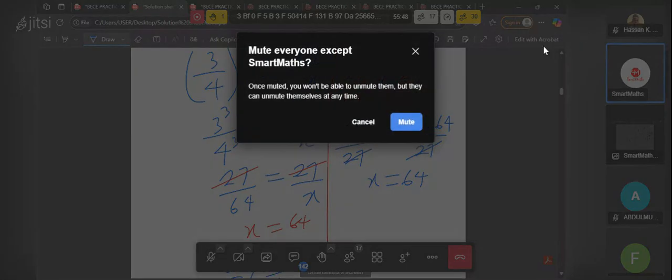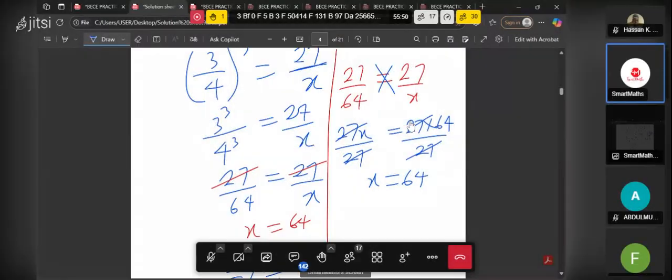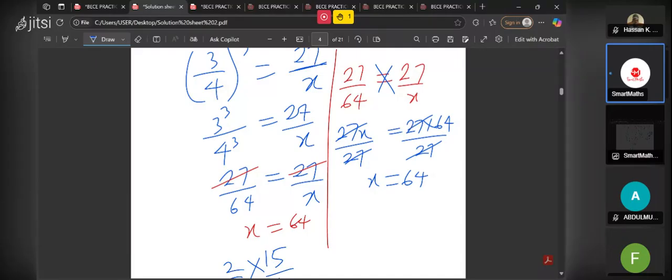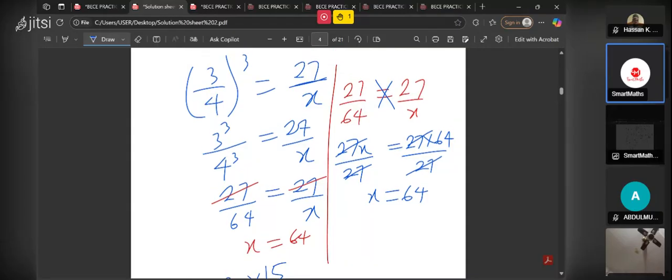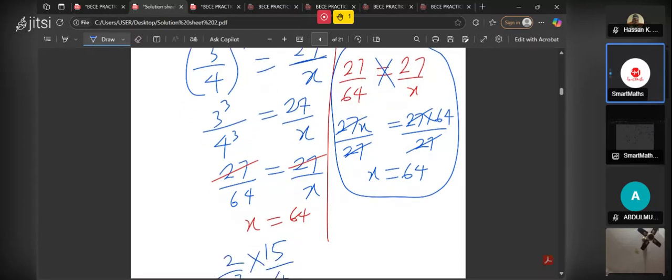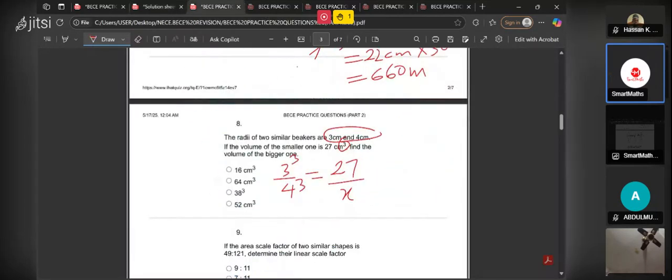When you have two fractions on both sides of the equation, numerator can cut numerator, denominator can cut denominator, or you cross multiply, and that's what I explained here. So that's how we got that answer. I hope this is clear. So that's 64 centimeters cubed.